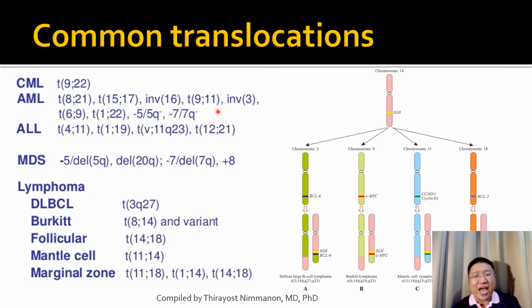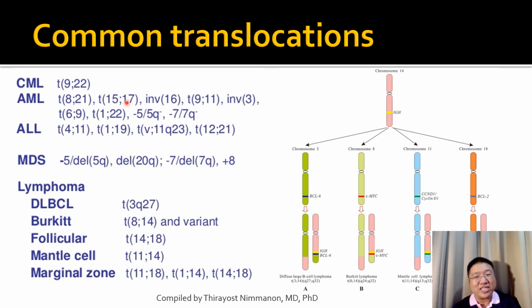For AML, there are so many types of translocation, but the one that you must know is translocation 15;17. Translocation 15;17. This will result in a chimeric protein that promotes the self-renewal property of the hematopoietic stem cells, of the hematopoietic cells within the bone marrow, and the maturation will be arrested at the promyelocyte.